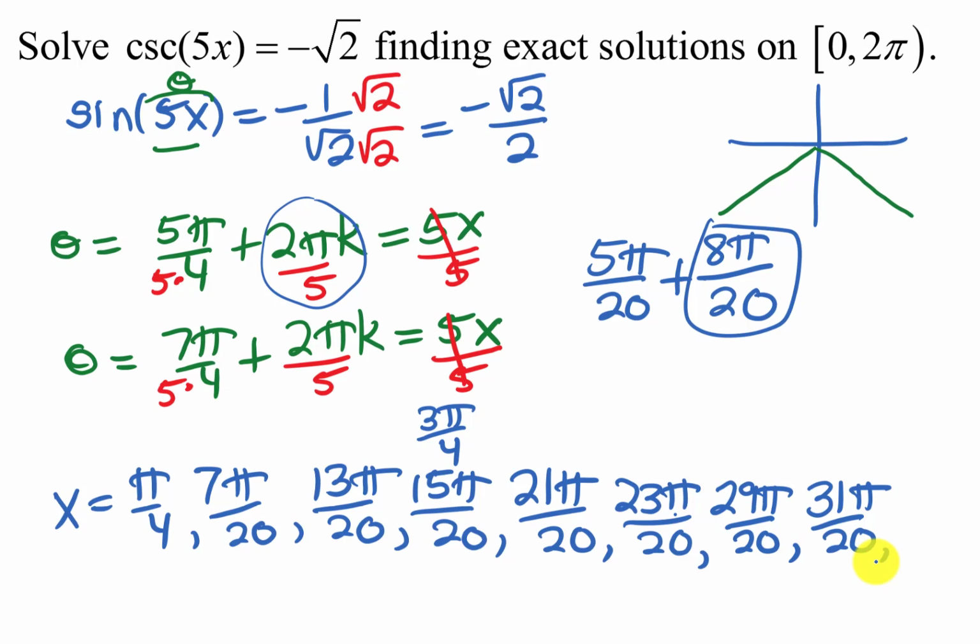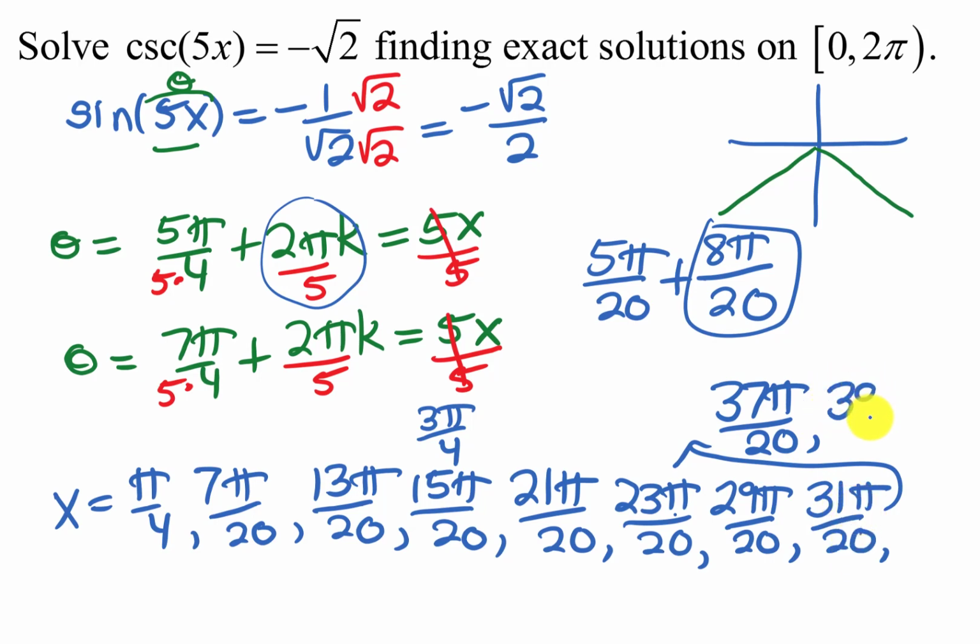I'm now going to add 8 pi 20ths to 29 pi 20ths, and I'm going to put it above because I'm pretty much out of room, so the other two are going to be continued up here. So 8 pi 20ths added to 29 pi 20ths will give me 37 pi 20ths.